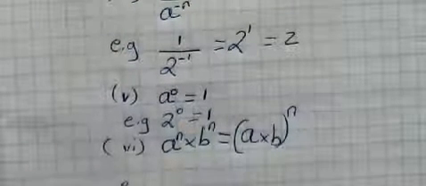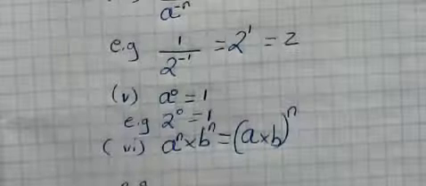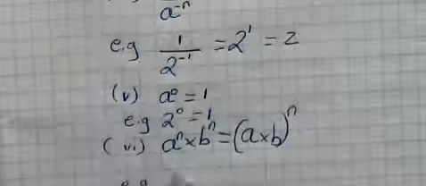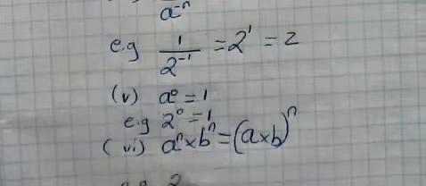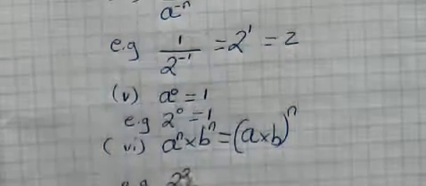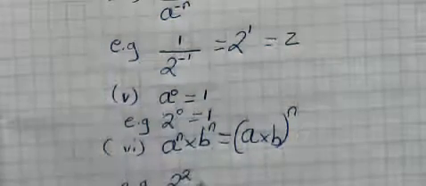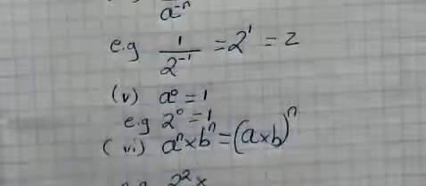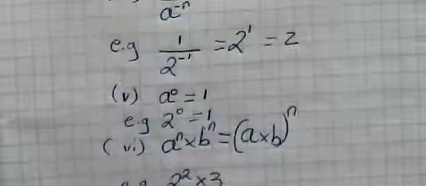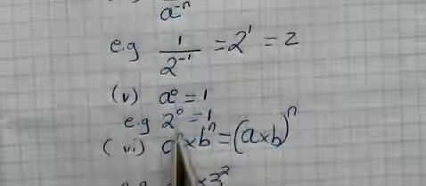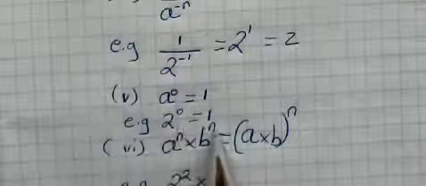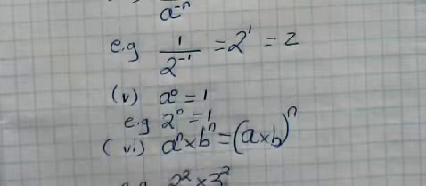And I have an example here. When a is 2 raised to power, let me say 2, assume the n is also 2, multiplied by b is 3 and power 2, the powers are the same. This is n, this is n, and this is 2, this is 2.